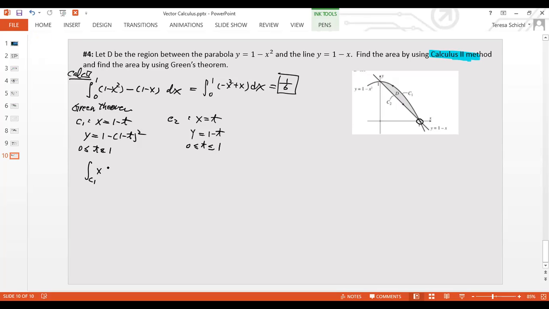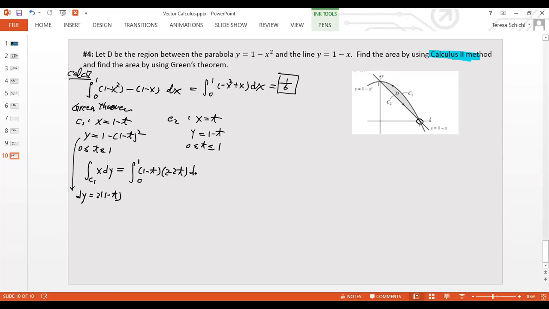Okay, so for the first curve C1, I have to compute x dy. The x is 1 minus t, then dy, right? You take the derivative, so dy will just be 2 times 1 minus t, with a negative, by the chain rule, so it's 2 minus 2t, from 0 to 1, correct?